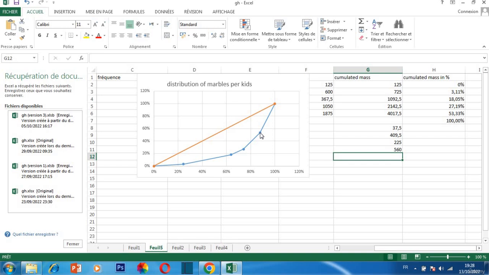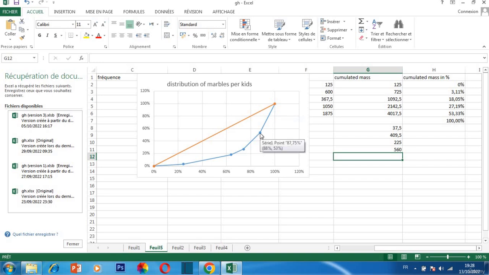Now we have the last one. The 53 plus 100.